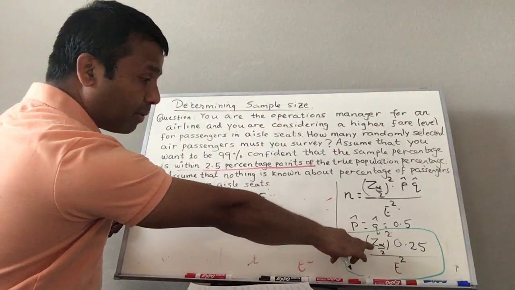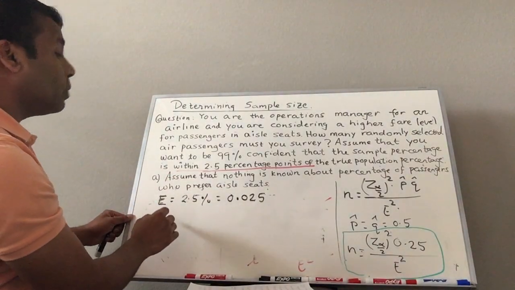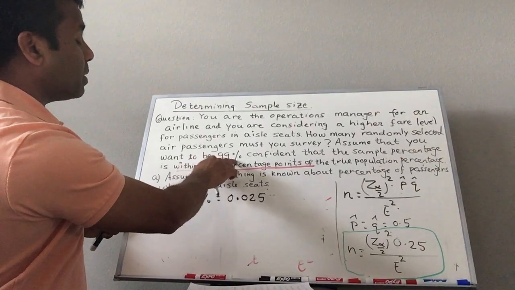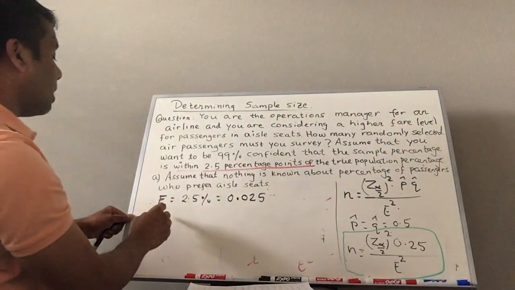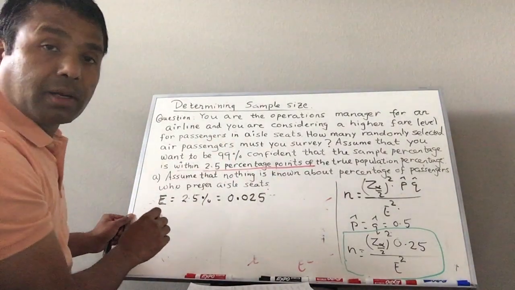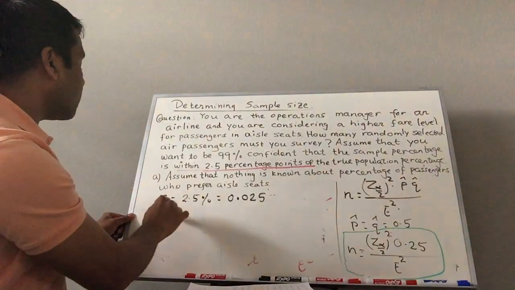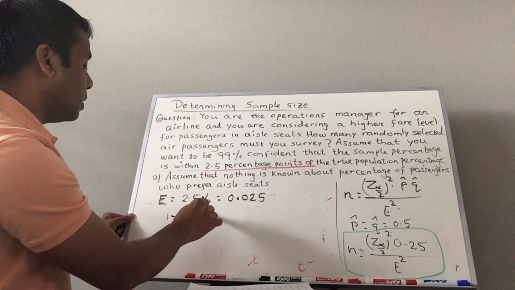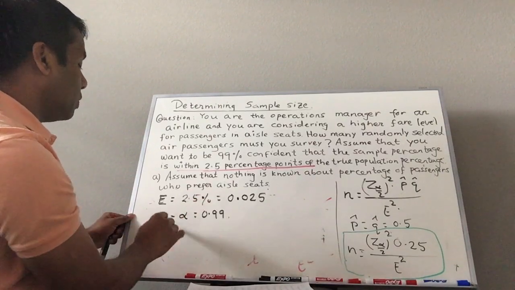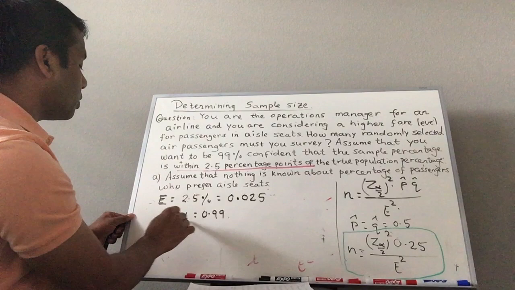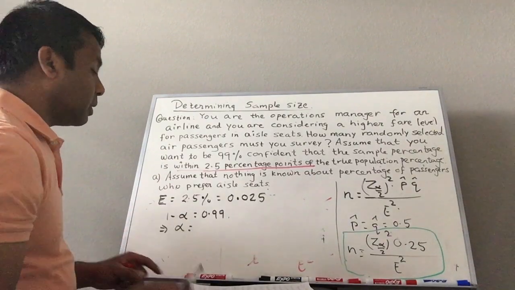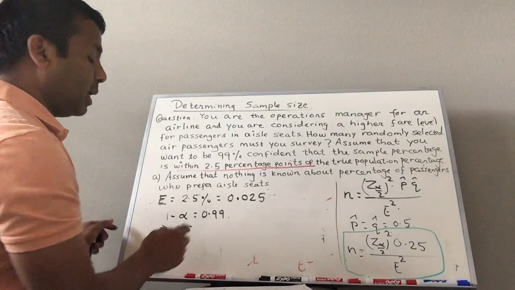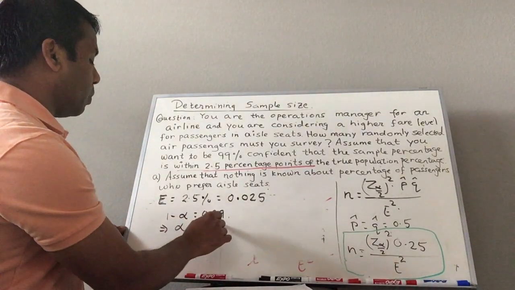Next, we have to find z alpha over 2. The confidence level here is 99%. The confidence level is the probability 1 minus alpha, so this is 0.99. If you solve for alpha, 1 minus 0.99 is 0.01.